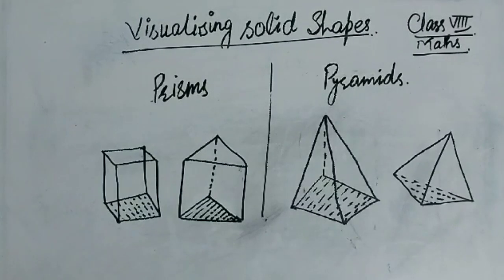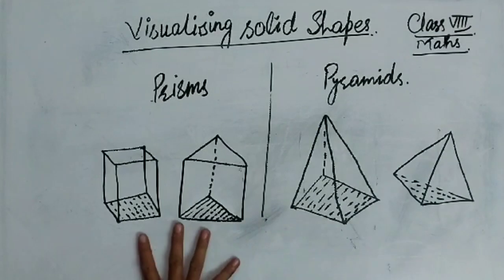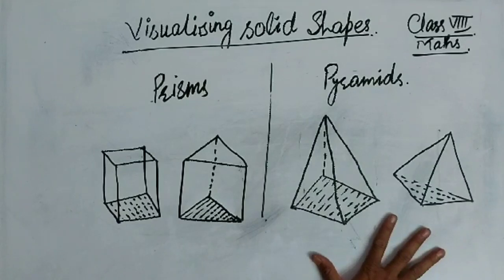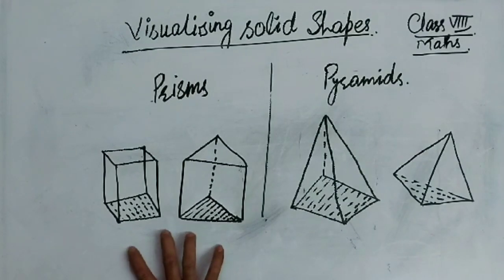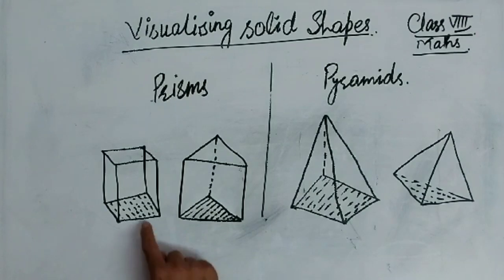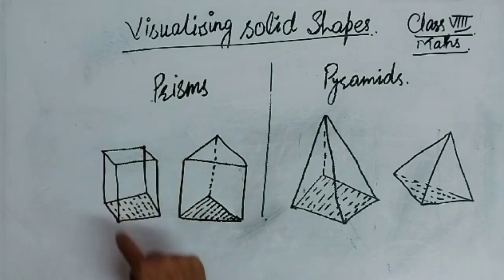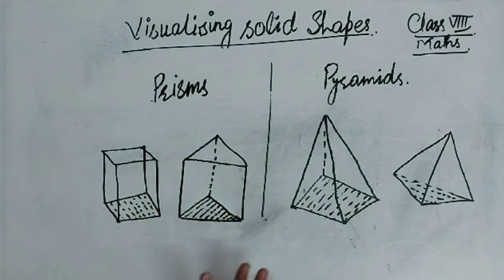Next topic is the difference between the prism family and the pyramid family. I have tried to draw the prism here, and the pyramids with two examples here. It is clear from the diagram that a prism is a polyhedron in which the base and the top are congruent polygons whose other faces are parallelograms.